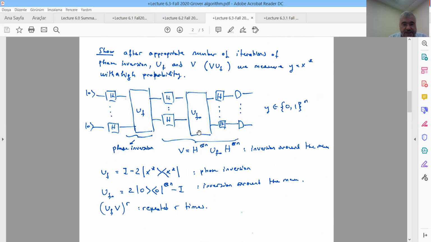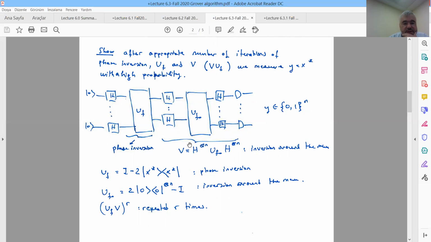Let me just summarize what we have done up till now, because we have discussed many things and there are many steps. This is the circuit we are discussing. This is the phase inversion part of the circuit, and this is the inversion around the mean part of the circuit.